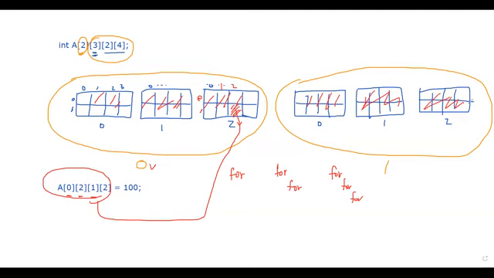Then you need 4 nested for loops. Is it okay? So it is not a good idea. Grammatically, this is possible in C++. However, we don't use it.